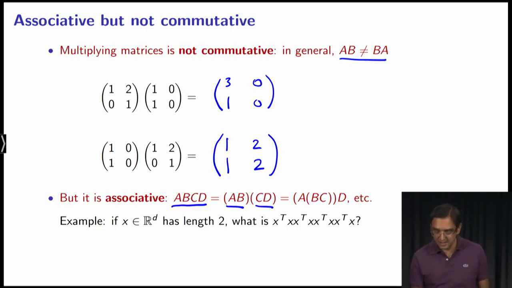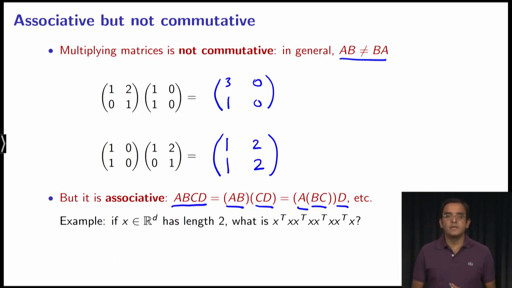That's allowed. Or you can do BC first, and then multiply the answer by A, and multiply that answer by D, and so on. So you can parenthesize the expression in whatever way you like, as long as you maintain the order of the matrices. Let's look at a little example of this.